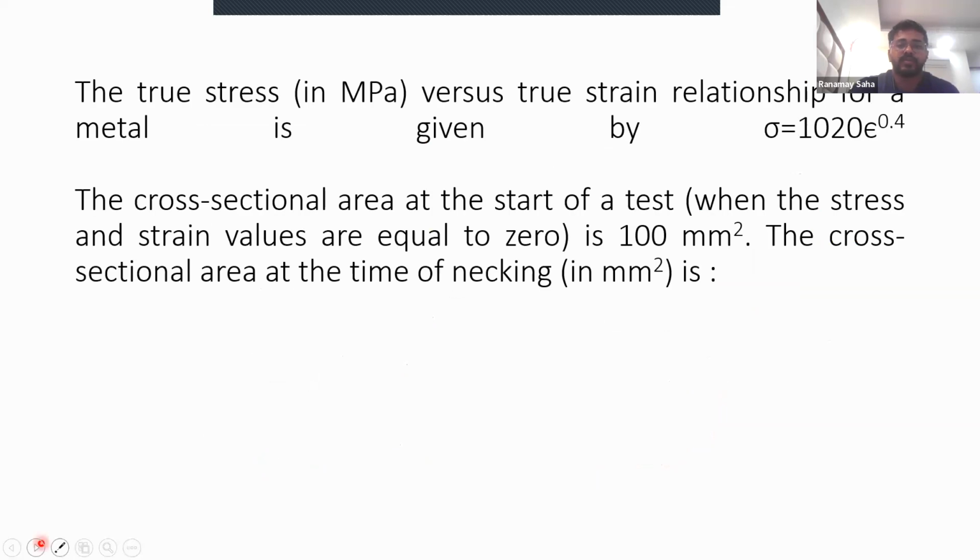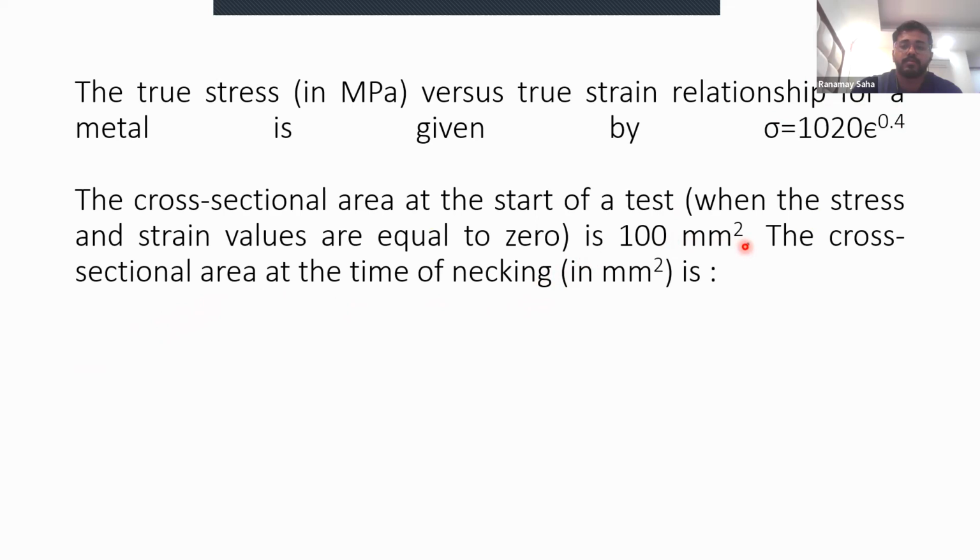If you don't have any doubts, the next question says that your true stress versus your true strain relationship again is given by this stress strain equation. Okay, and then you have to find out the cross-section area at the time of necking for the particular test, if the cross-sectional area at the start of the test happens to be 100 mm square.